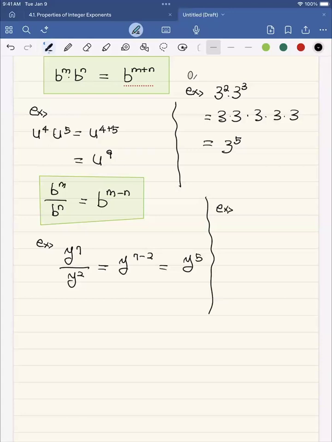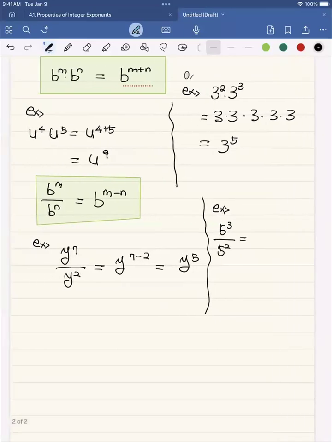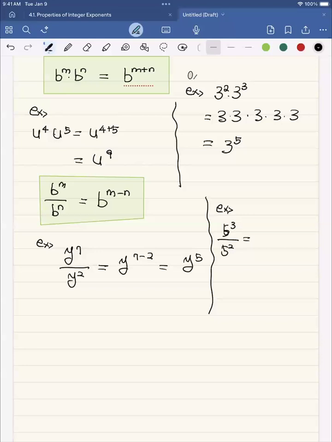If you think about numbers, then it may be more intuitive. If we have 5 cubed over 5 squared, then that is 5 times 5 times 5 over 5 times 5.